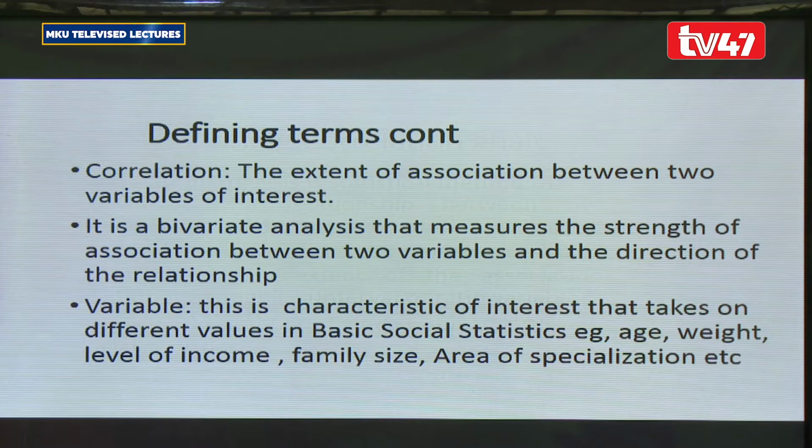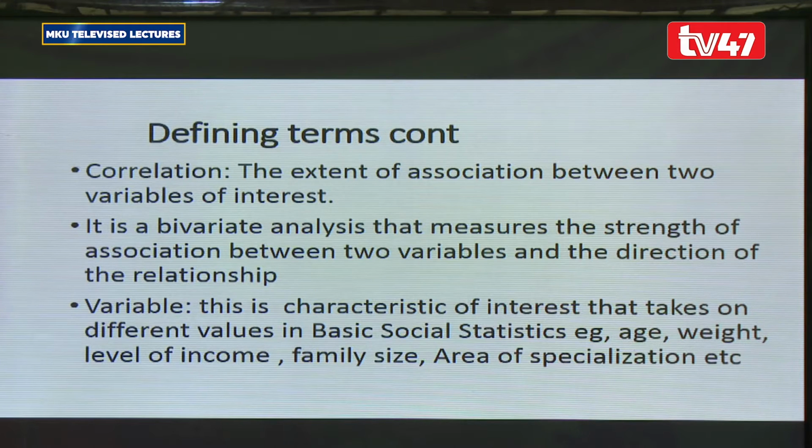Another key term I want us to be able to capture is the word correlation. Basically, it is the extent of association between any 2 variables of interest. And normally here, we talk of two variables. We are using a word here. The word bivariate simply means, bi means 2, and variate comes from variables, meaning we are looking at the association between 2 variables.